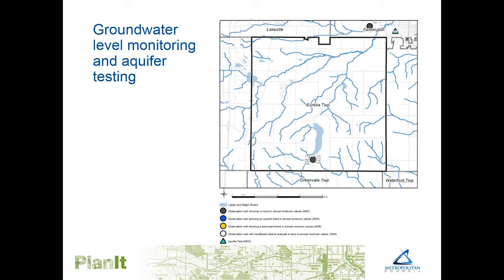Comprehensive plans should also acknowledge information provided by groundwater level monitoring and aquifer testing, if this information is available. Areas with no information about groundwater levels or aquifer properties, those areas that are far away from the dots on this map, may be prioritized in local or county plans or projects to fill in information gaps.